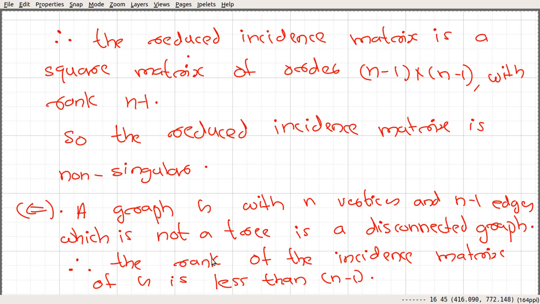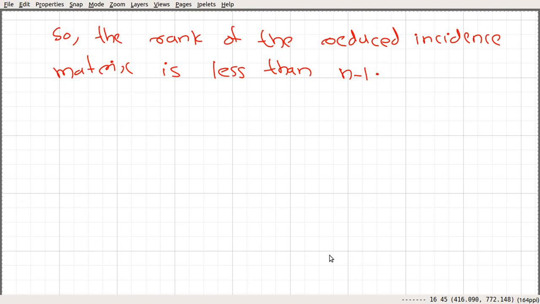Since the graph is disconnected, the rank is less than n minus 1. The order of the reduced incident matrix will be n minus 1 by n minus 1, and its rank will also be less than n minus 1. So it is not full rank.